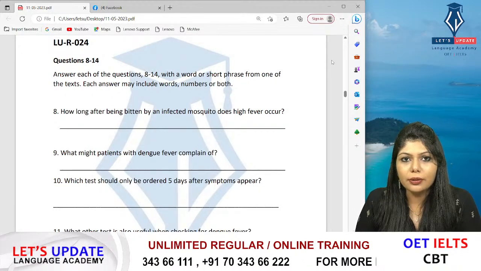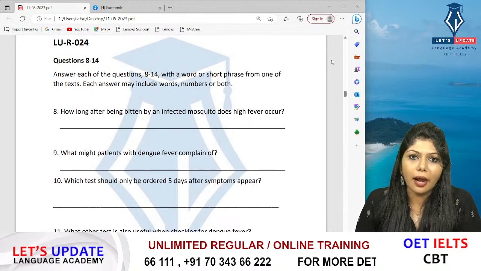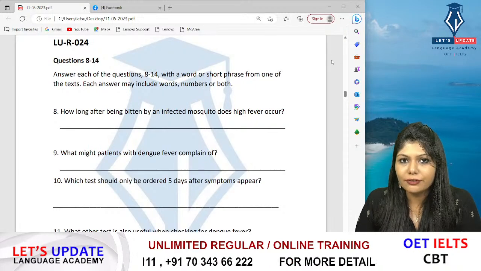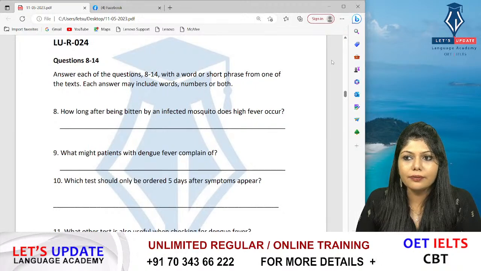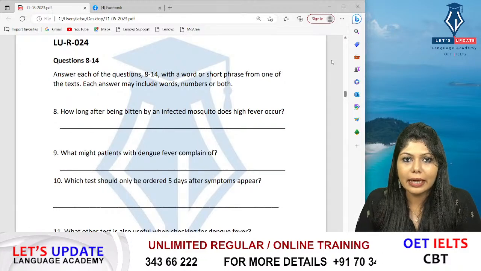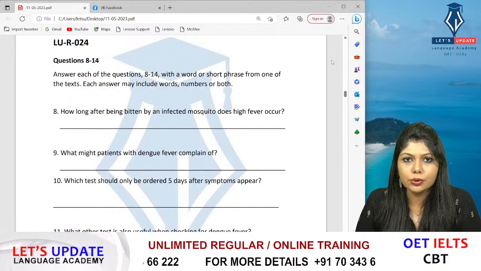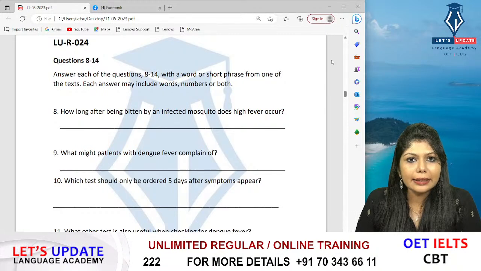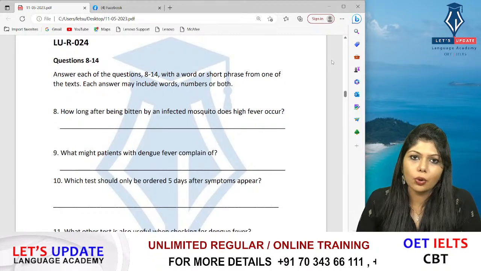So I would recommend you keep it for the last. If you start from that section at the beginning, you might not have an exact idea where each piece of information is from, so you'll take more time to solve those 7 questions.